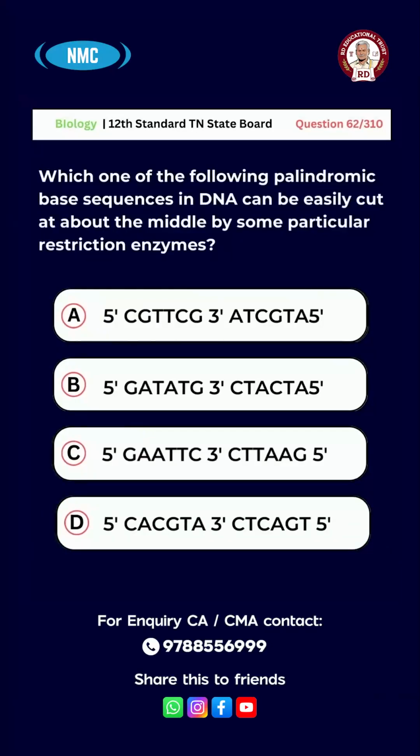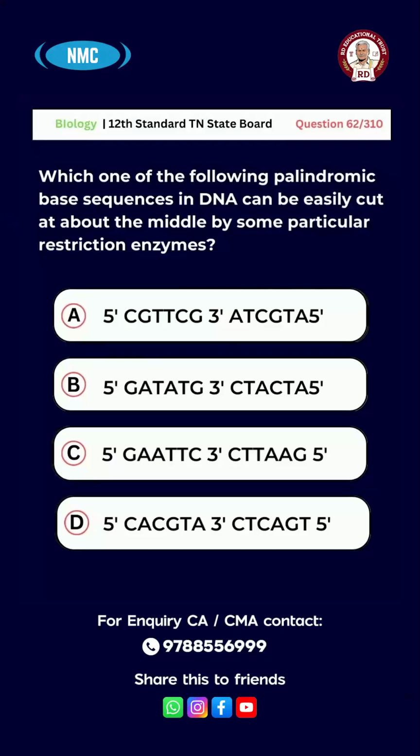Question number 62. Which one of the following palindromic base sequences in DNA can be easily cut at about the middle by some particular restriction enzymes? Option A. 5'-CGTTCG-3' / 3'-ATCGTA-5'. Option B. 5'-GATATG-3' / 3'-CTACTA-5'.